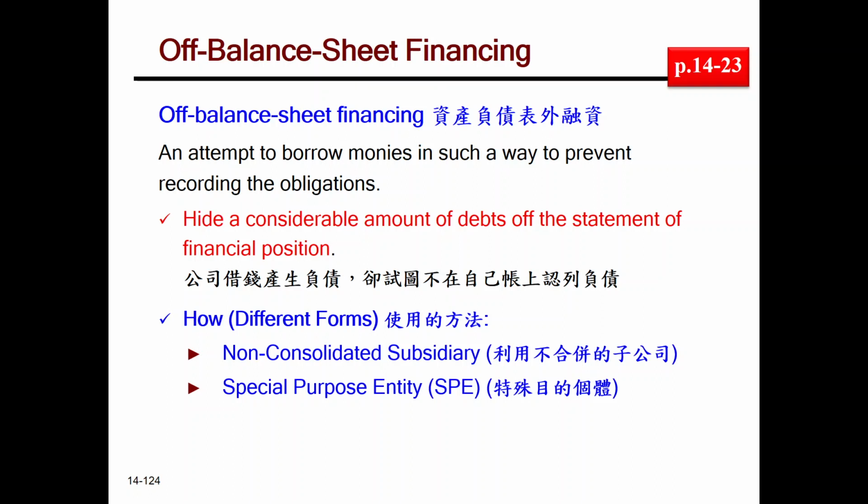You still have the liability, but they won't find the liabilities on your financial statements. So that's what is called off-balance sheet financing. Your liabilities will not show on your balance sheet because they are shown on subsidiaries or on other companies you have overseas. Okay? Any questions?